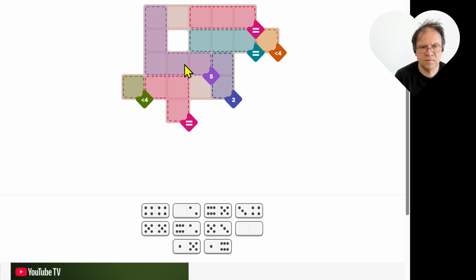I think I need the zeros for this, because I don't have enough other raw material. So if it's not 0, this has got to be 4, this has got to be 5.